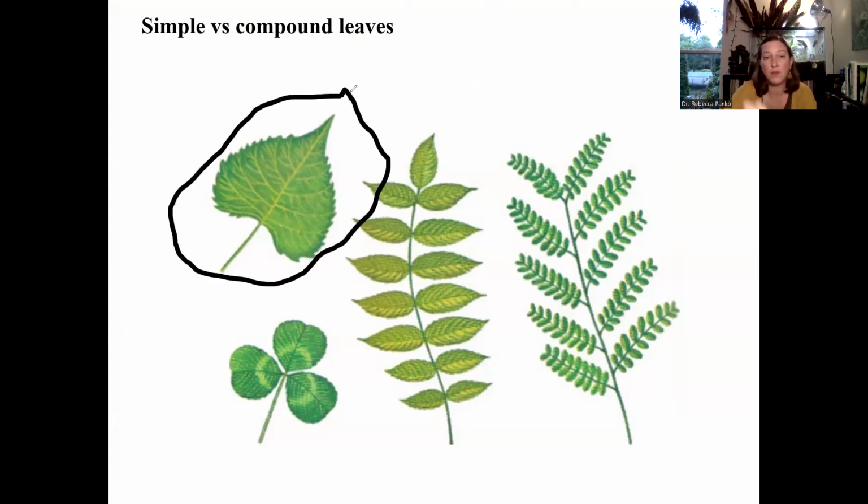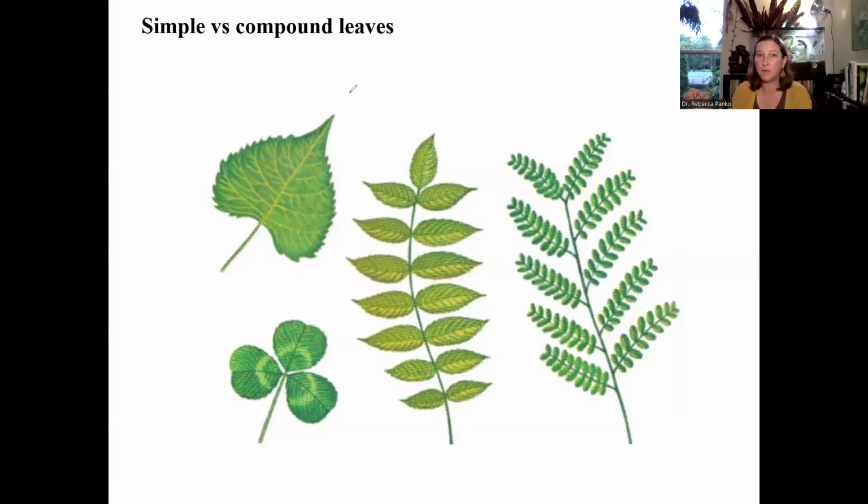I always say if you are trying to determine whether something's a simple leaf or a compound leaf, if you were playing with the leaf and holding the stem, if there's only one thing on top of that stem, you're dealing with a simple leaf. So look, for example, here, there's only one thing on top of the stem.